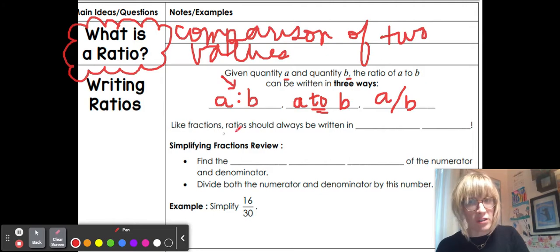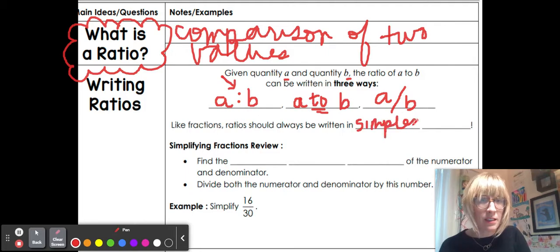So just like fractions, ratios should always be written in their simplest form, right? So you can remember to reduce, reduce, reduce.